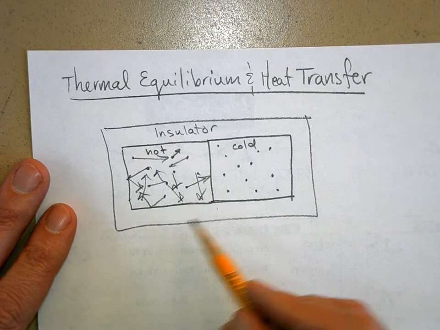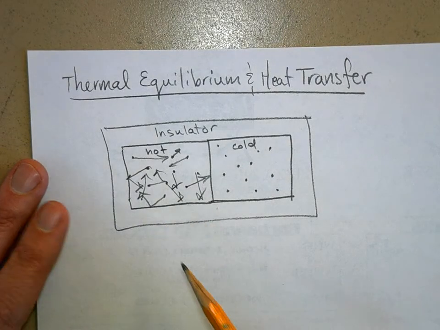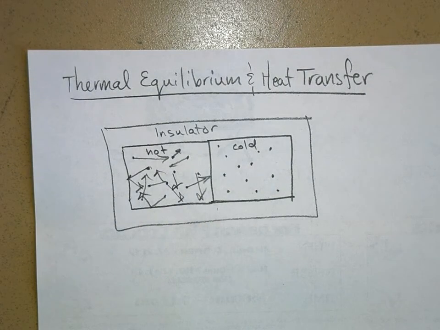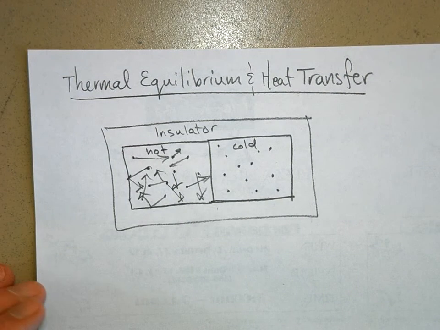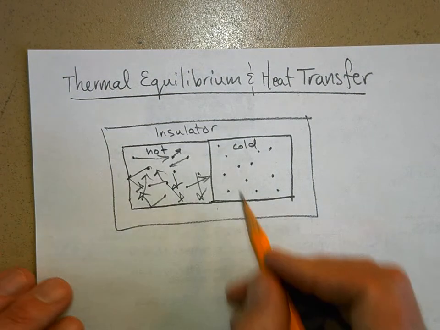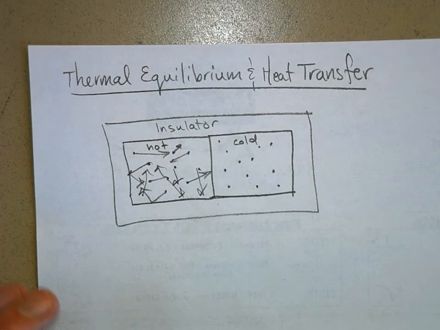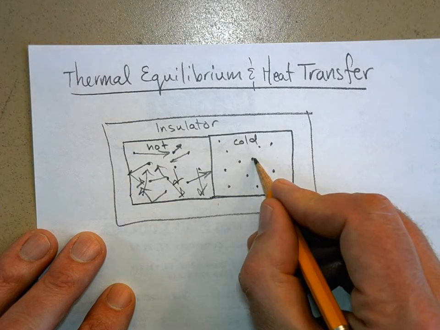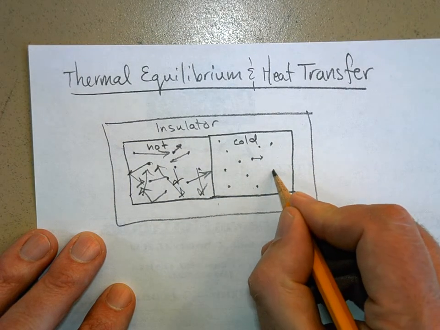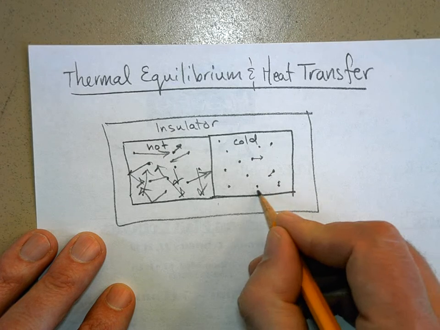By the way, it's these ricochets off the walls that give it pressure. If this was a gas, then the faster they're moving, the faster they're hitting the container, the more pressure they have. Now, these molecules of water are cold. It's the same stuff, it's still water, but the average speed is much slower.